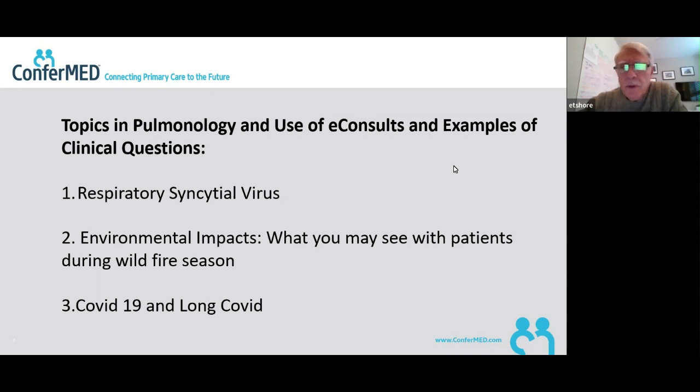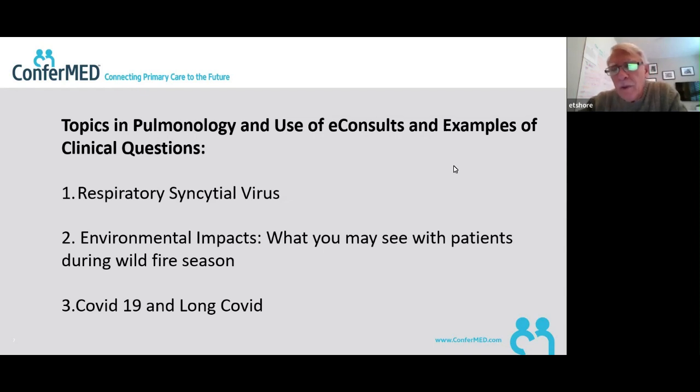The kind of questions you'd want to know from the adults are: one, have they been exposed to a young child? Do they work in a school? What symptoms do they have? Do they have any pre-existing lung disease? Have they actually been tested for RSV, which can be done with a nasal swab?